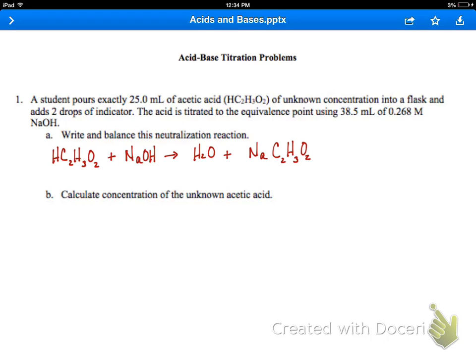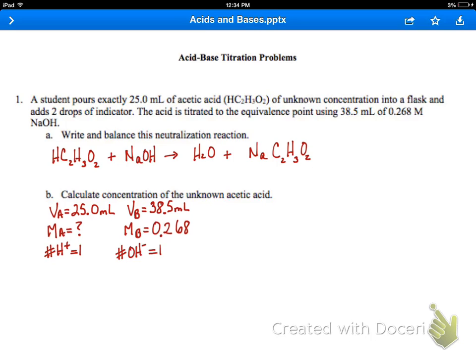So in this reaction, it is acetic acid plus sodium hydroxide, and that's going to make water and sodium acetate. Again, 1 proton, 1 hydroxide, so it is a pretty simple equation. Don't have to do anything to balance. So the information that we have in our problem, we're given the volume of the acid. We're going to look for the concentration of the acid.